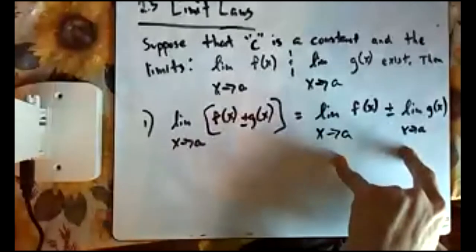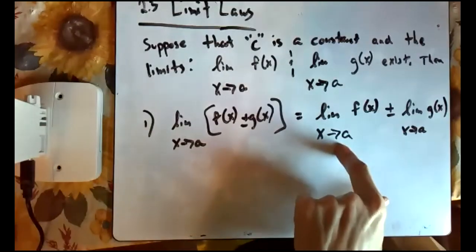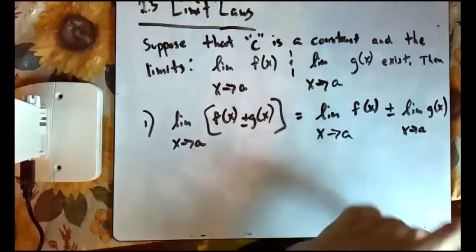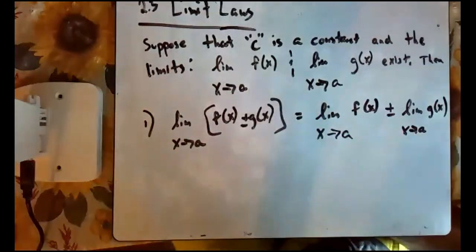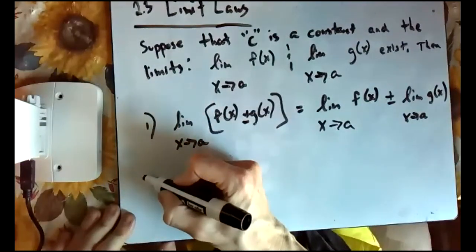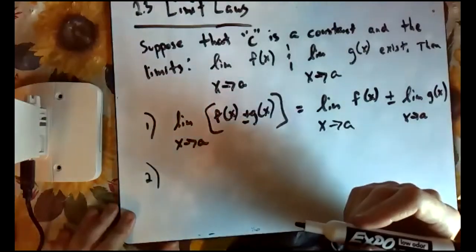And of course, if both the limits exist, like if you work this one and you got 2, and this one was 7, you say, oh, 2 plus 7 is 9. Or for subtraction, 2 minus 7 is negative 5. We will do a bunch of these problems next class for sure. I'm just writing down the laws right now.